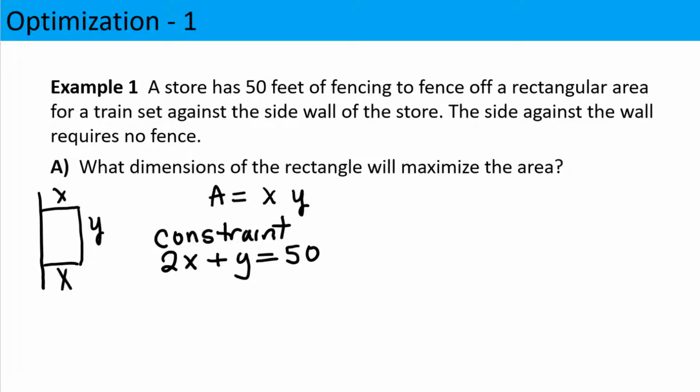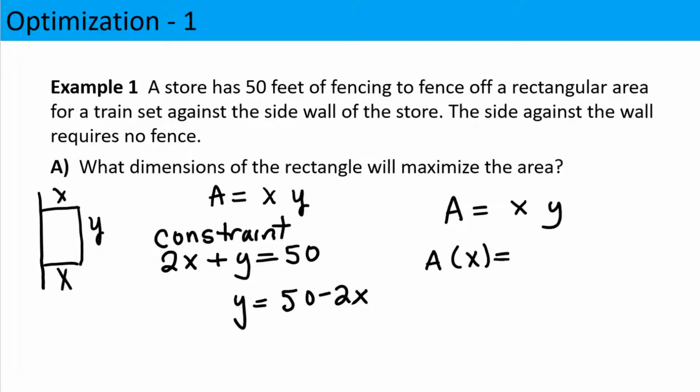The area to be maximized is in terms of two variables, so we're going to use some algebra to isolate one of the variables. We can say y is equal to 50 minus 2x. And then we will substitute for the area. X times y will express this area in terms of x.